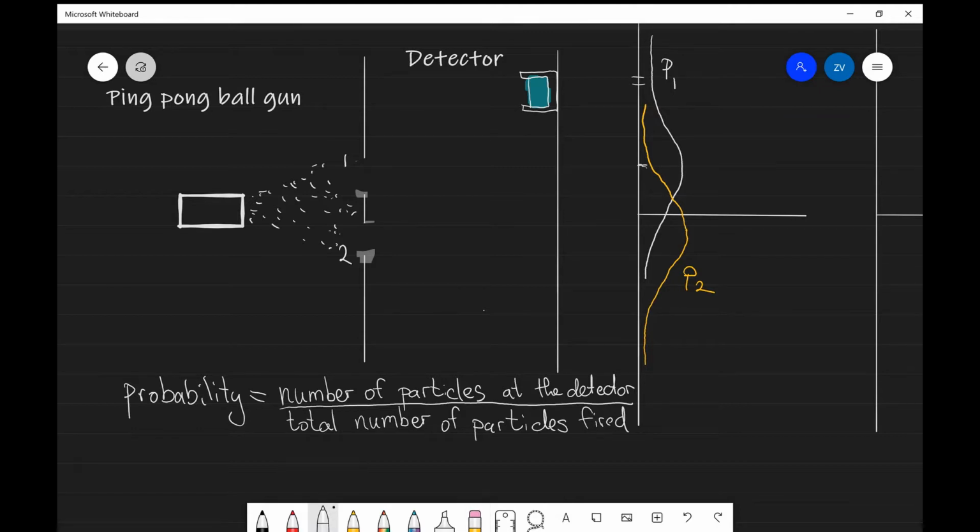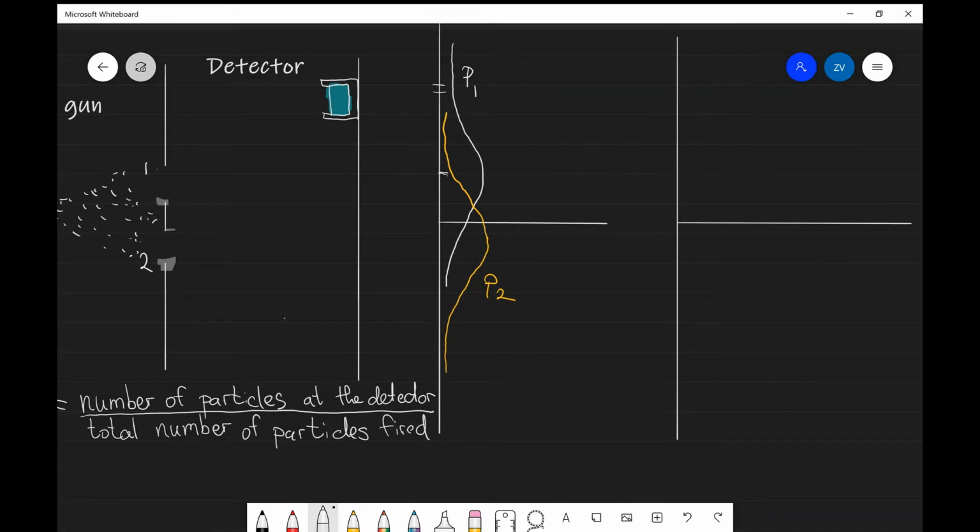We can represent this in our graph as simply adding up those individual probability curves. So in practice, our curve appears to be just a little bit larger almost everywhere.